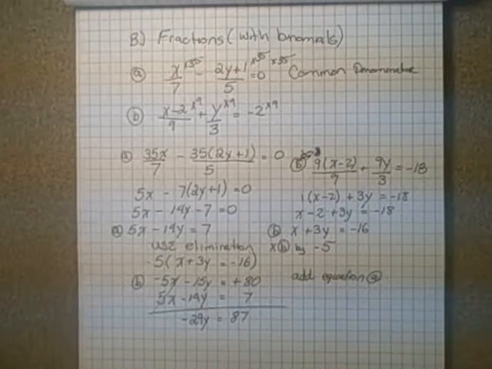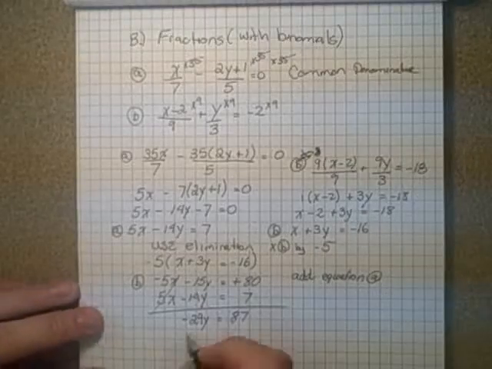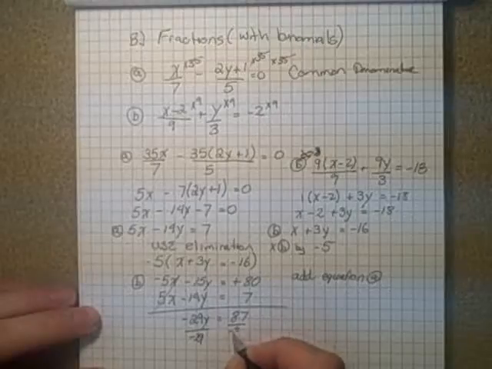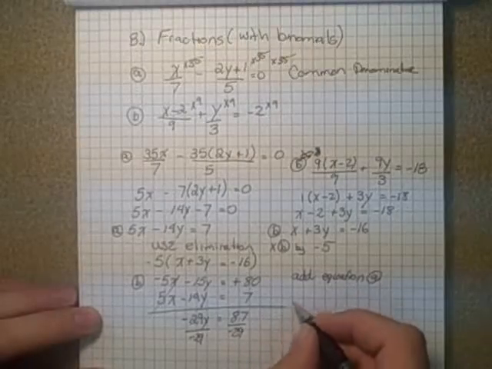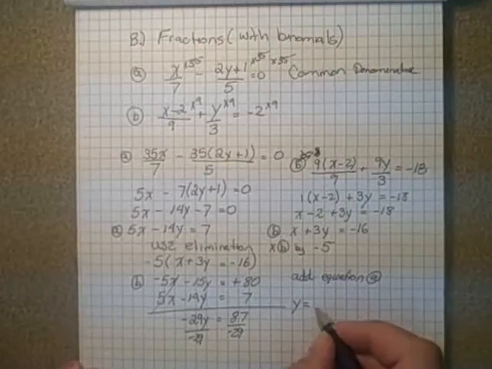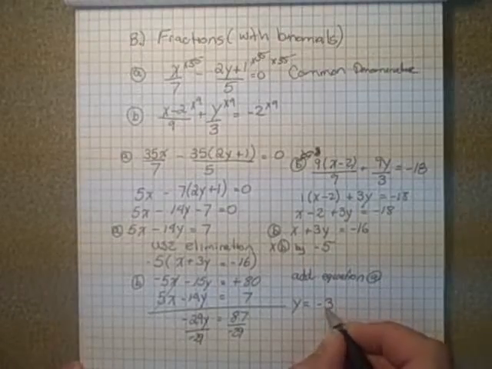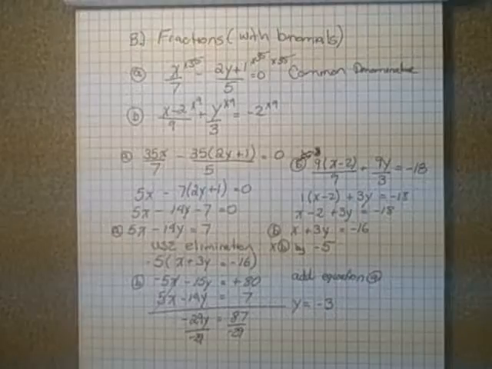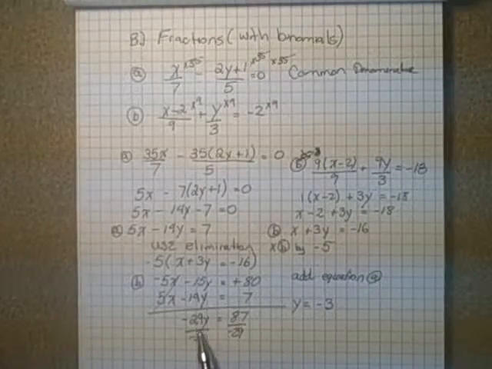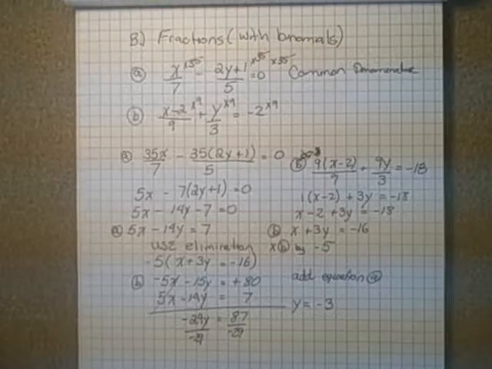And if we divide both sides by negative 29, we get y is equal to, I believe, negative 3. Let me just do a quick double check here. 29 times 3 would be 87. Perfect.